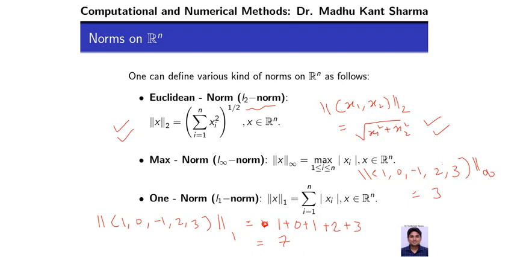Geometrically, what do they mean? If we want to see them as geometrical shapes, if we wish to see the unit cells in the Euclidean norm, the maximum norm, or the one norm, what will they look like?